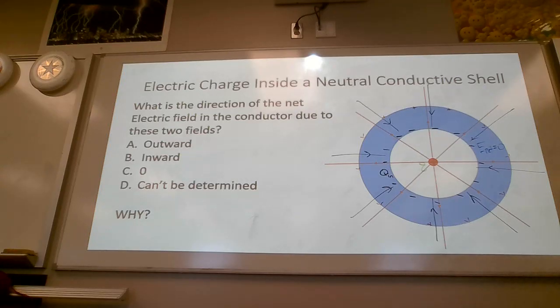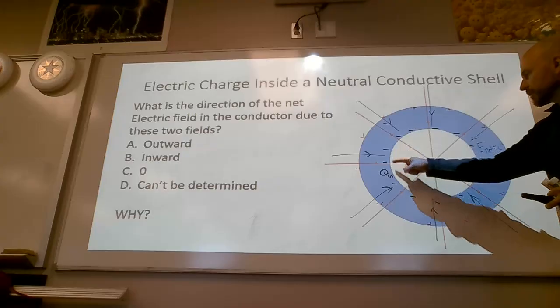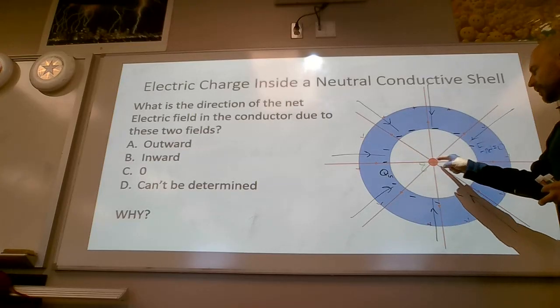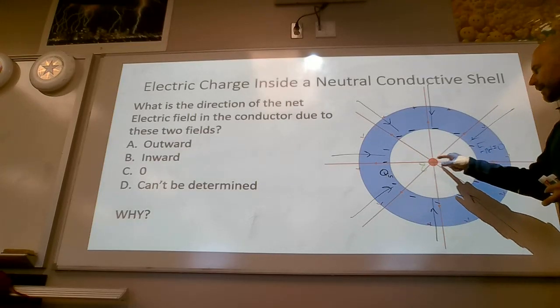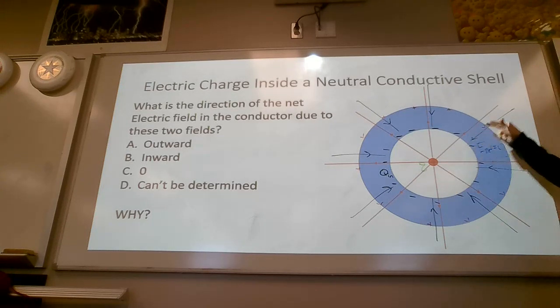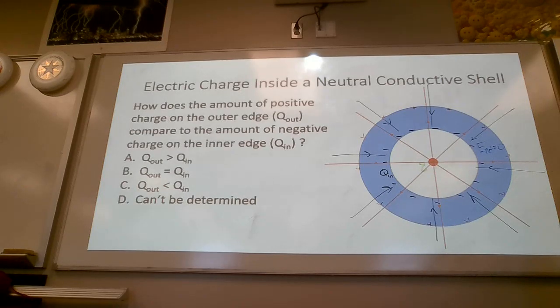This charge behaves like a point charge as if it was located here, but it starts at this point going inward. Canceling this, these two cancel each other out. Okay? This would be the out, this would be the in.